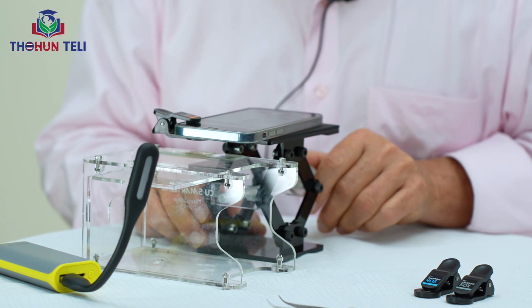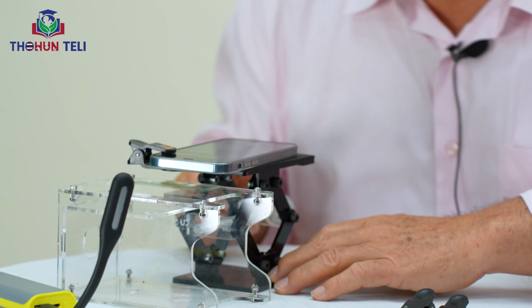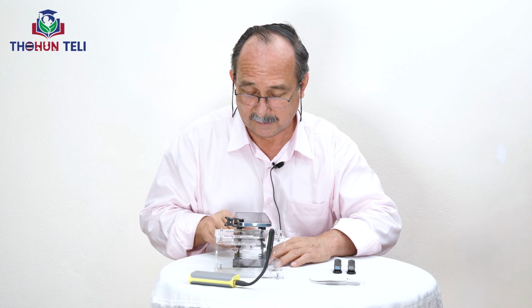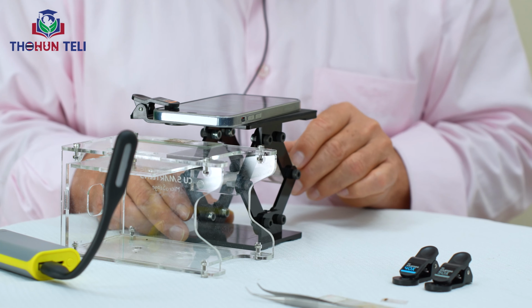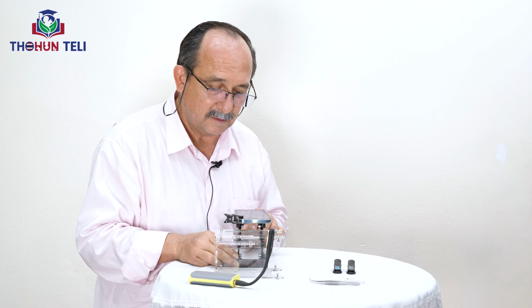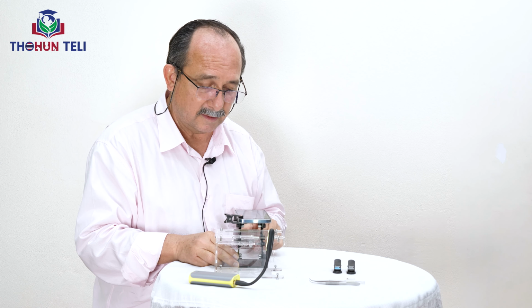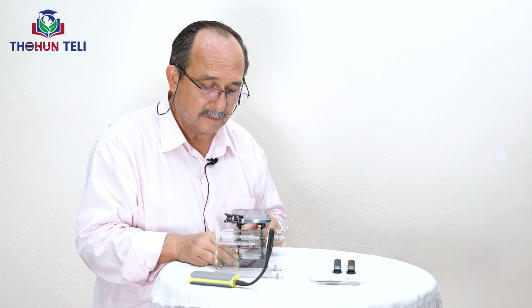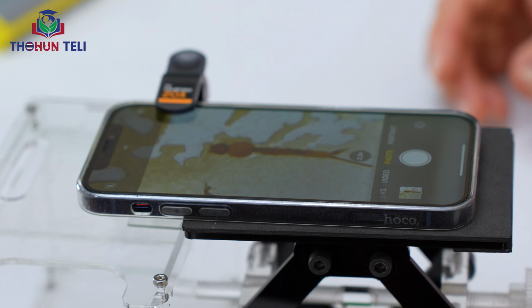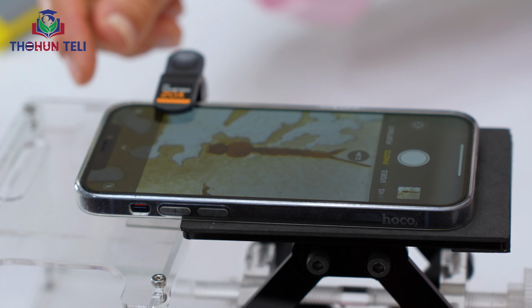I am trying to focus to the ideal magnification to identify the species of this larva. As in the microscope, you have to focus up and down the ocular, not the objective lens.